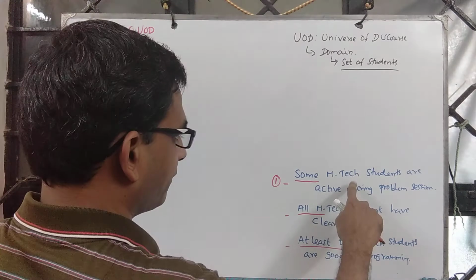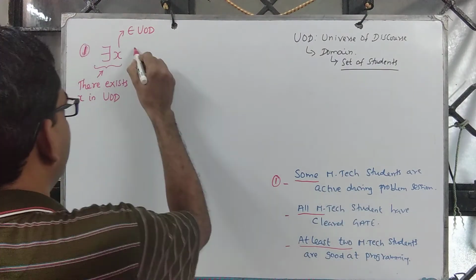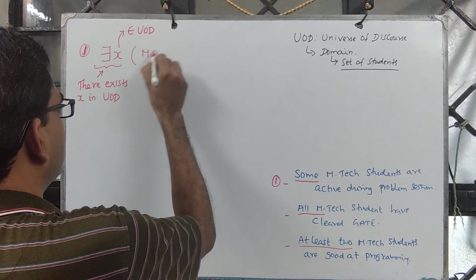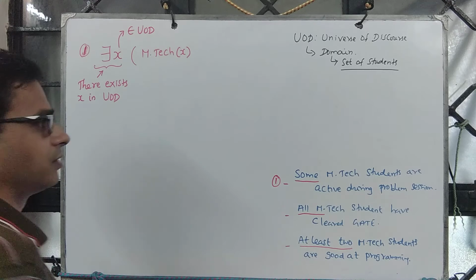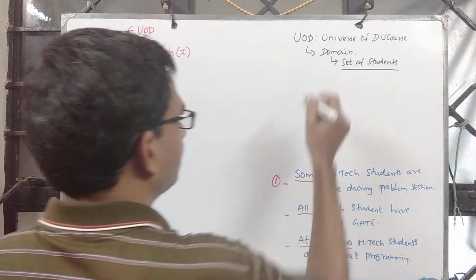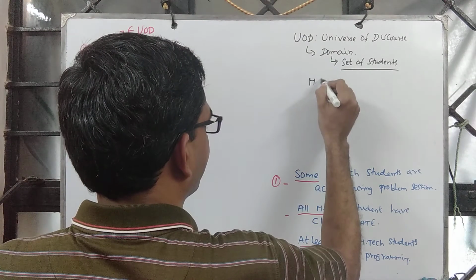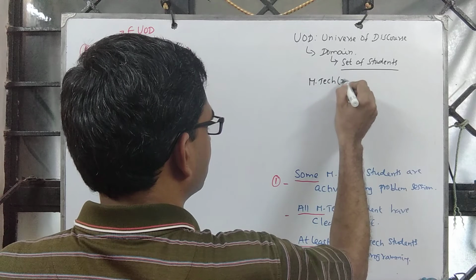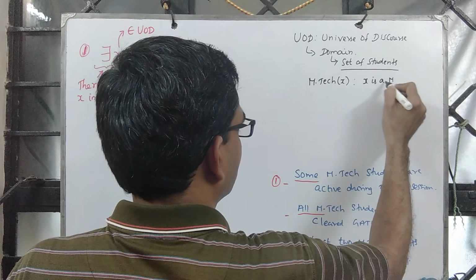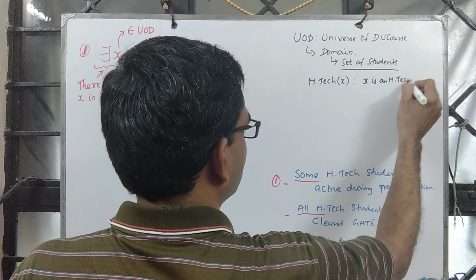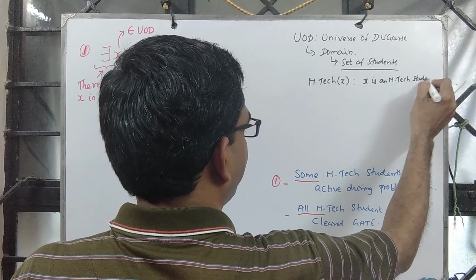What is the quality of that student? He is an MTech student. So MTech of X. So I define a predicate called MTech of X, which means X is an MTech student.